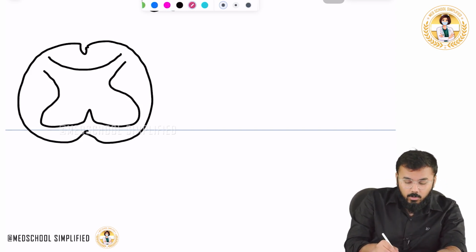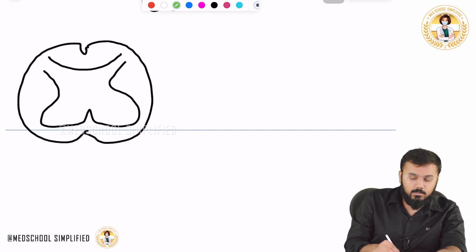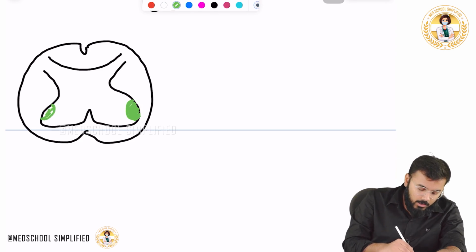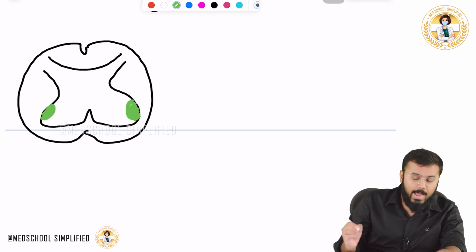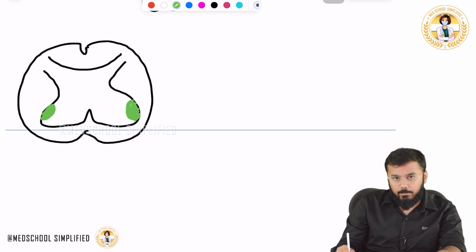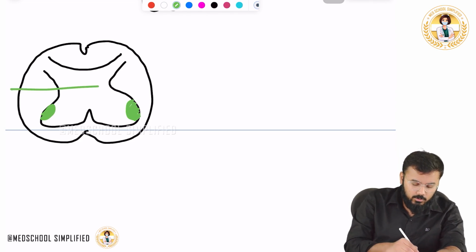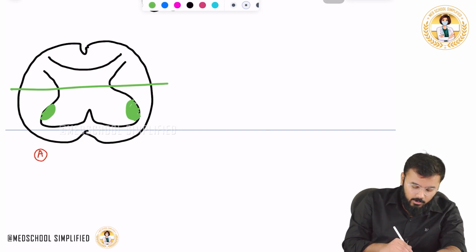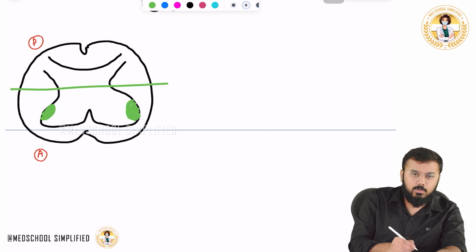Now in the spinal cord, from where are these nerves coming out? These are coming from the lateral aspect of your anterior horns. This is your anterior horn side, and the upper one is your posterior horn side. If I divide like this, the lower one is your anterior horn and the upper one is your posterior horn.